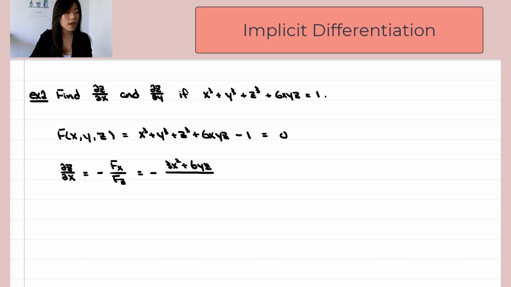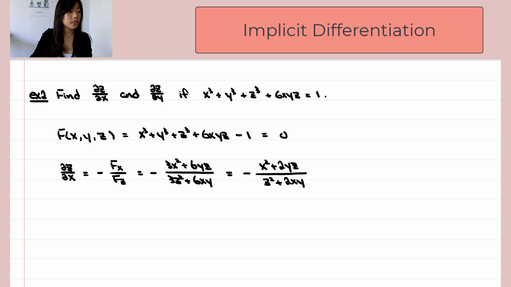Then over f sub z, that's 3 times z squared plus 6 times x times y. I can cancel out the 3, so this equals negative of x squared plus 2 times yz, then over z squared plus 2 times xy.